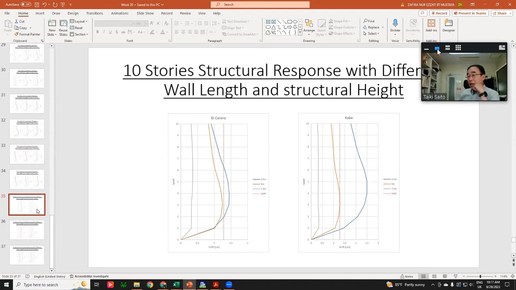But how do you explain? I mean, Kobe and El Centro, maybe you can explain by response spectrum, but how? The degree of coupling affects what? The strength of the beam and the strength of the wall. Yeah, but of course.